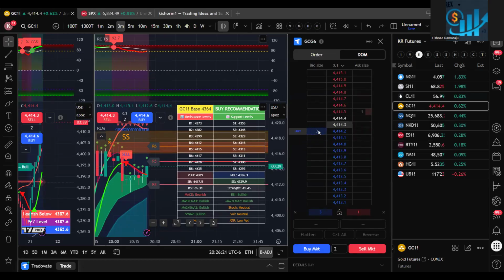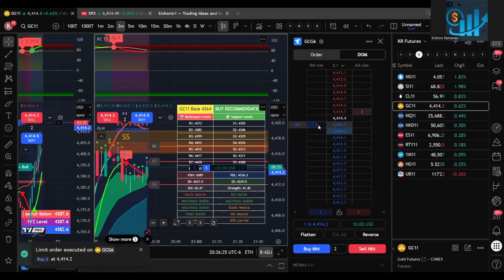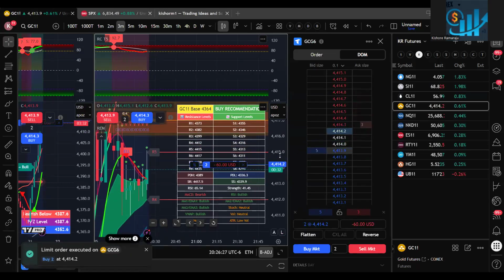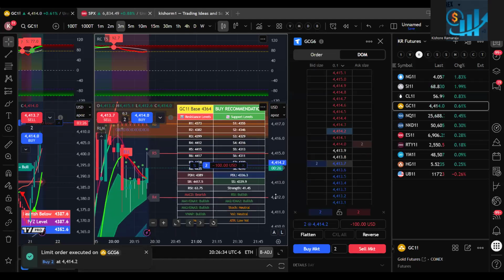We'll take a buy signal with GC. And now we have long with GC and long with ES.